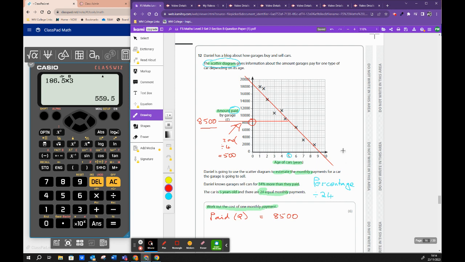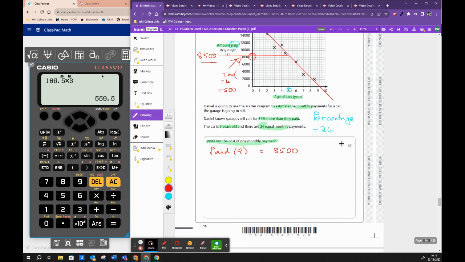So that's the first part of our problem done. 6 mark question. So we've got lots of steps to go through, and we've done quite a few of those already. There's going to be 1 mark for drawing my line in, another mark for reading across and getting 8,500. So I'm going quite well.